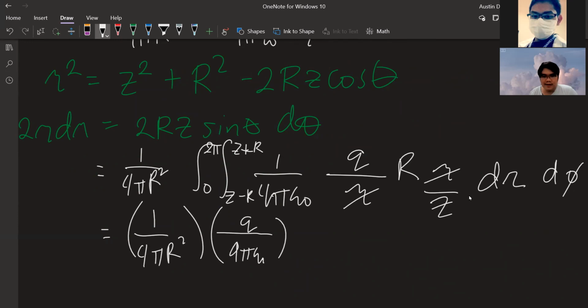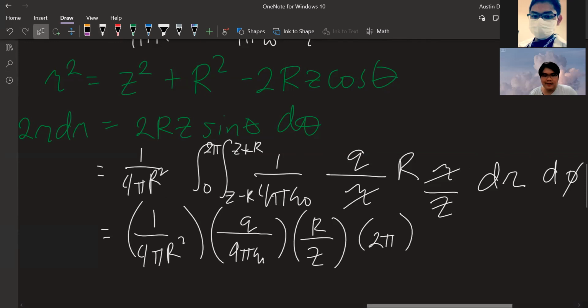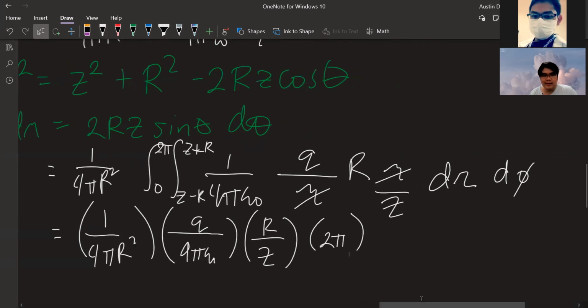Then, cancel. Q over z. Oops, mayroon ng q. R over z. Then, 2 pi. Dahil nag-integrate ako ng phi. Tapos, ang matitira will be integral ng dr, from z minus r to z plus r.